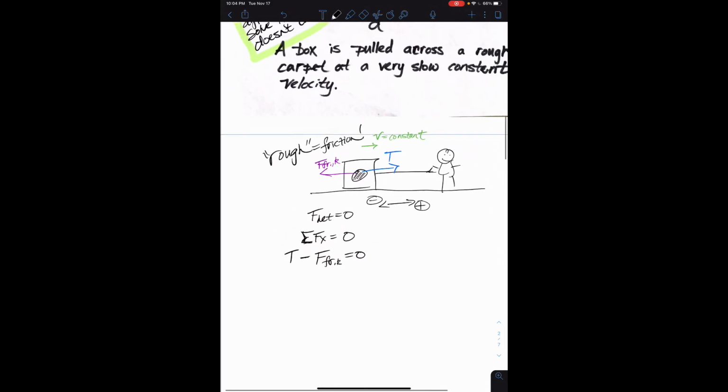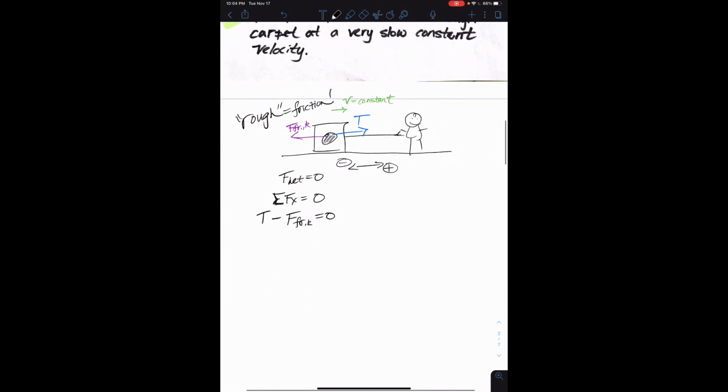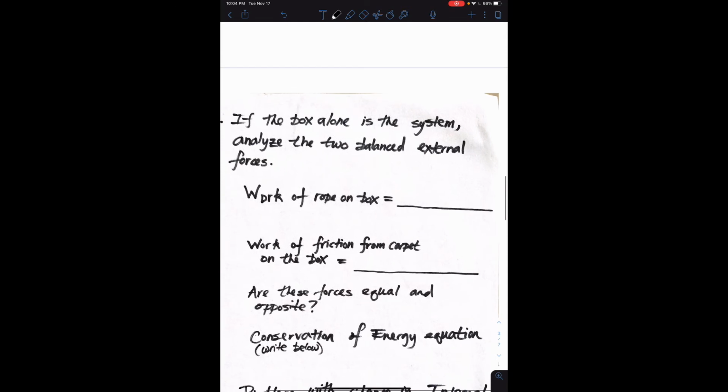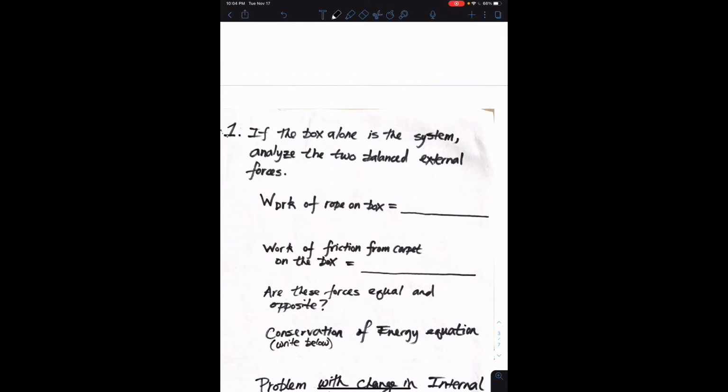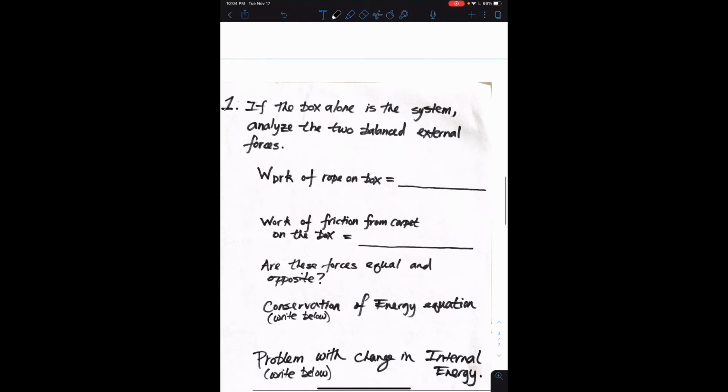Okay. So let's go back up to that question, or down to the question. If the box alone is the system, analyze the two balanced external forces. So they are balanced. They are both external, and I'll just write that their magnitudes are equal.